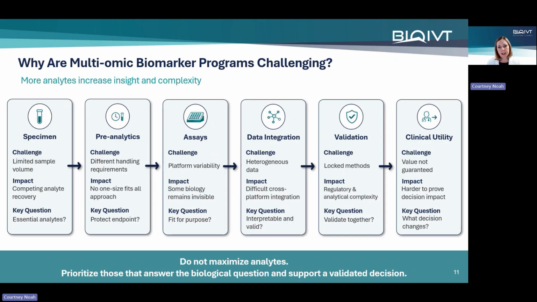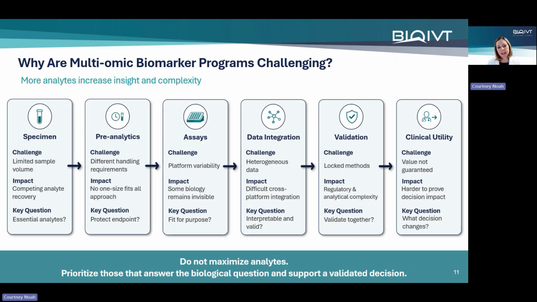And then when we're thinking about validation requirements, because there are those multiple streams of data, we need to make sure that they're ultimately supported by a unified interpretation strategy. And then most importantly, clinical utility is not guaranteed just because you're using a multi-omics platform or design.